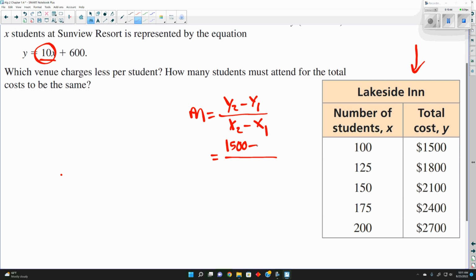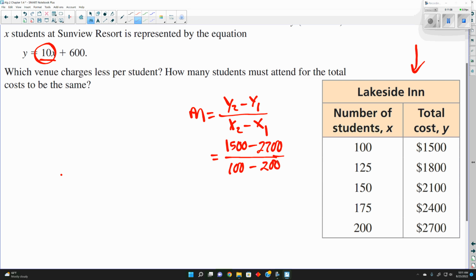What's another y value we can choose? 2,700. Now we just need to pick the corresponding x value. So for 1,500 it is 100, minus, for 2,700 it is 200.